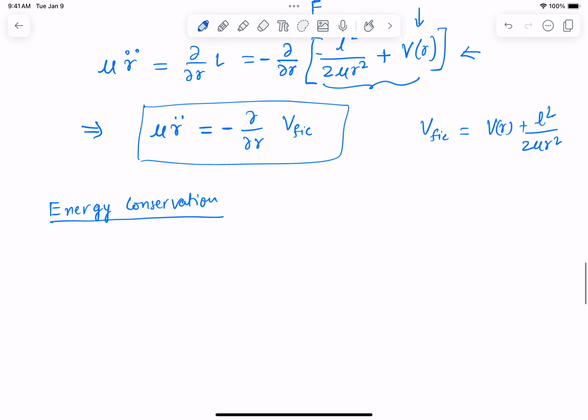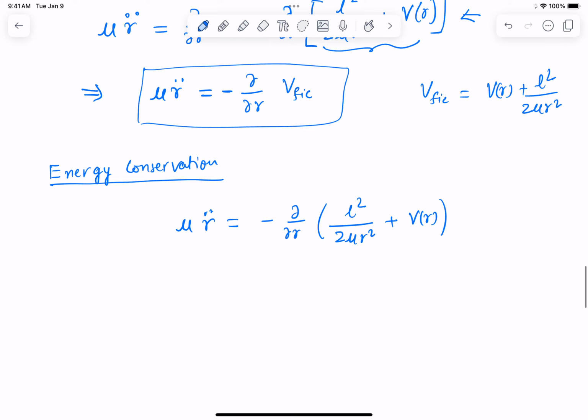You see that we have this equation mu r double dot equals minus del by del r of L square by 2 mu r square plus V of r. Now what we can do is multiply both sides of this equation by r dot. Just to be careful, let me write it down.